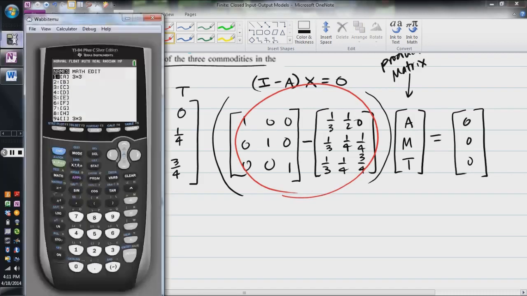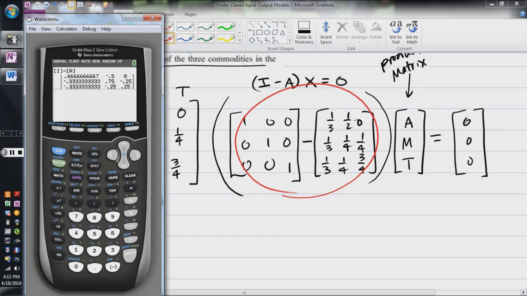So I'm going to go to my calculator and quit. And I'm going to do the identity matrix minus matrix A. Let me go and put in a minus sign there. Okay. See what I calculate.